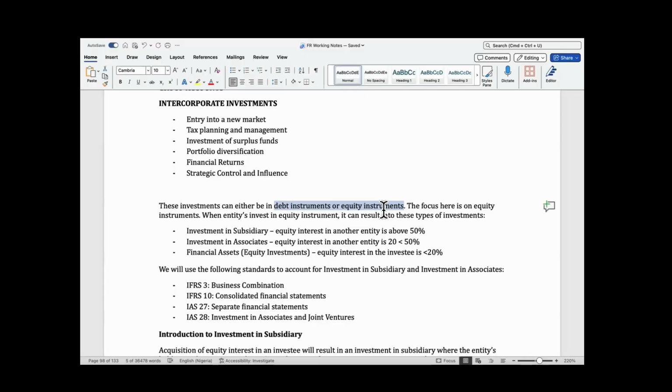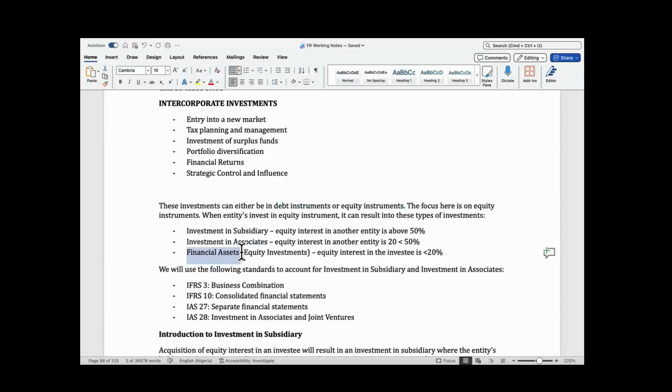So you see, when a company invests in equity, it will result in these types of investments. Number one is investment in subsidiary. Number two is investment in associates. And number three is simple investment or financial assets or equity investment.